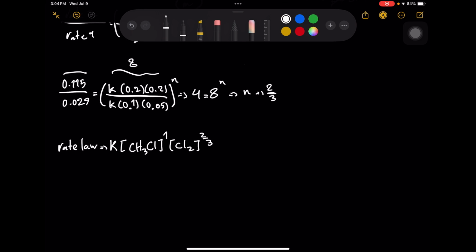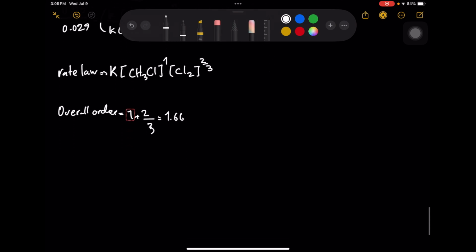What is the overall order of the reaction? The overall order is 1 plus 2/3, which is about 1.66. To calculate the value of the rate constant, we can use any of the data, and every time you use it, you will get the same value of k.